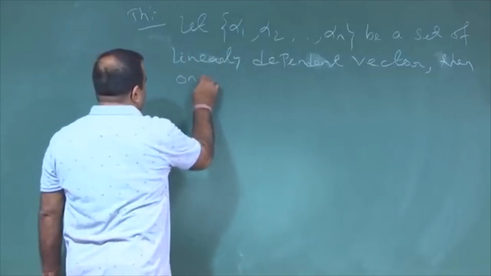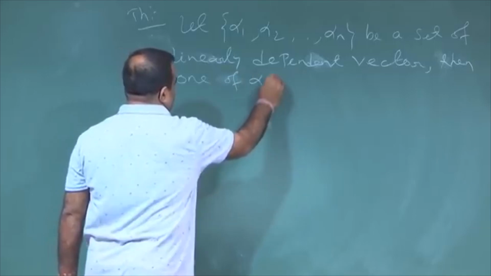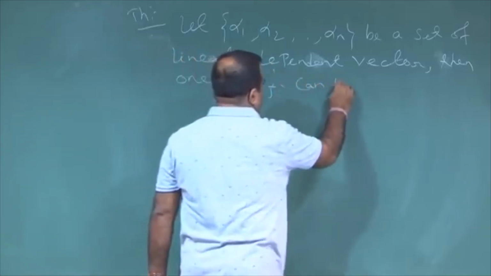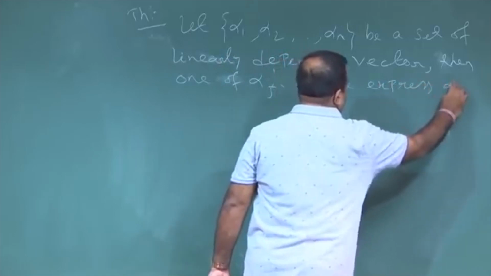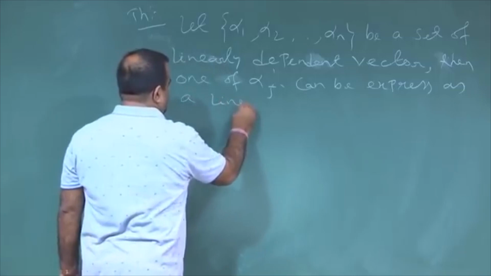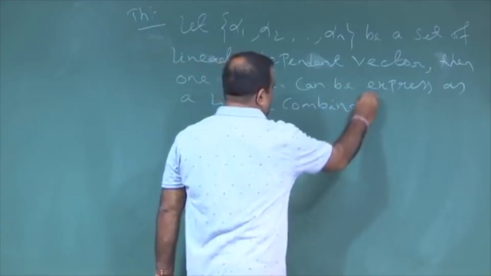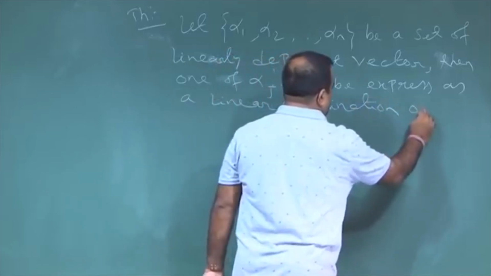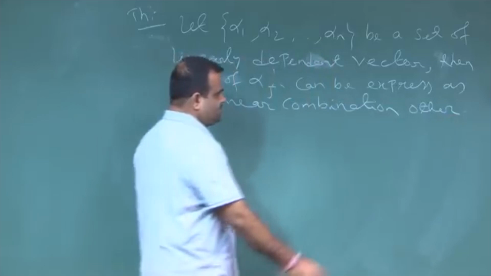Then one of the alpha j can be expressed as a linear combination of the other vectors from this set.